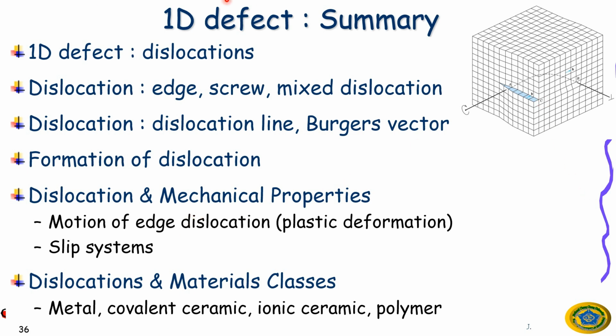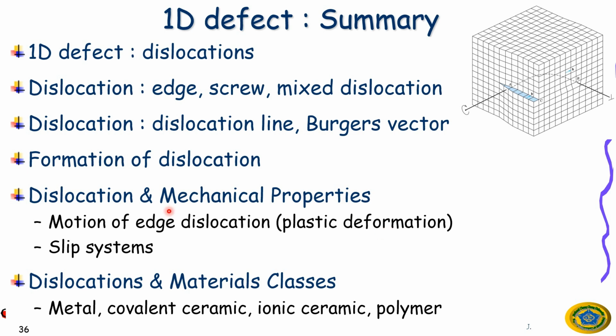The formation of dislocation, we also introduced to you. The relationship between dislocation and mechanical property is what we call plastic deformation, because once we make the dislocation, it cannot return back to the original position.